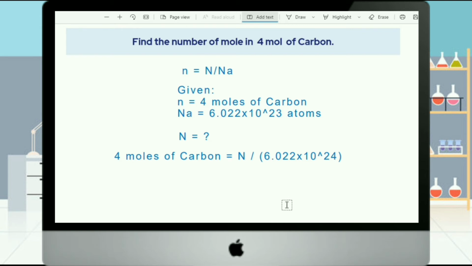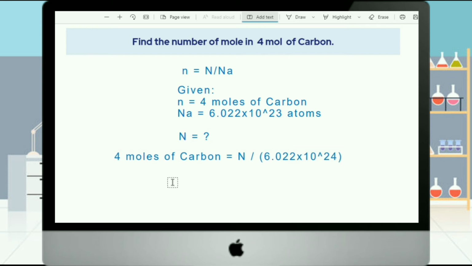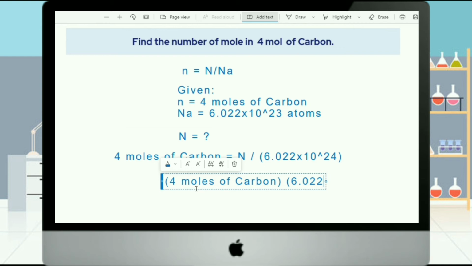I'm going to multiply the Avogadro's number on both sides of the equation. In this way, I am going to cancel the Avogadro's number on the right side of the equation, and I'm going to be transferring it to the other side of the equation by multiplying. So, in this, we're going to be multiplying the 4 moles of carbon by the Avogadro's number. This is 23, I'm sorry.